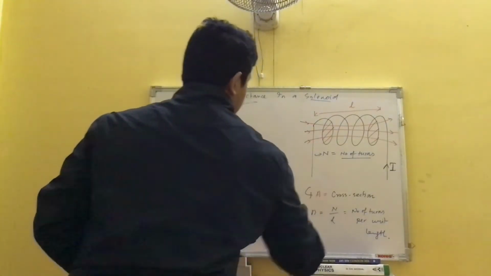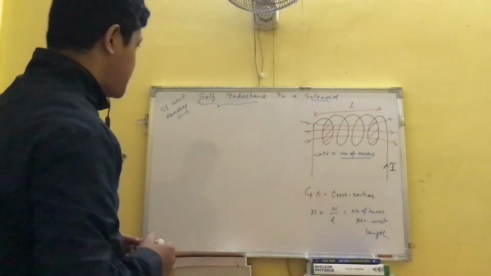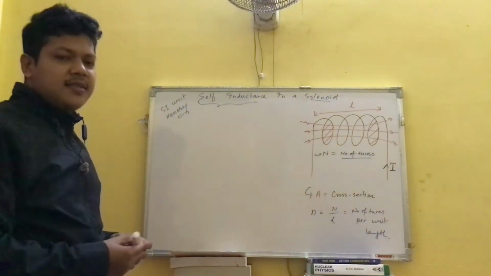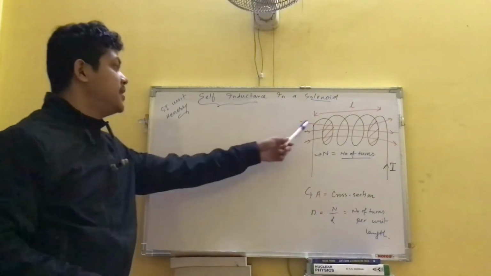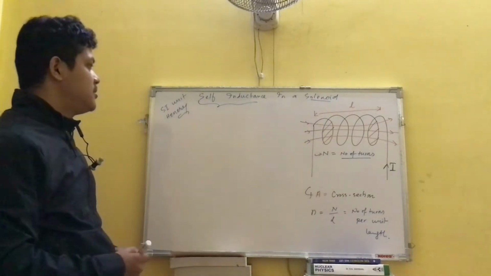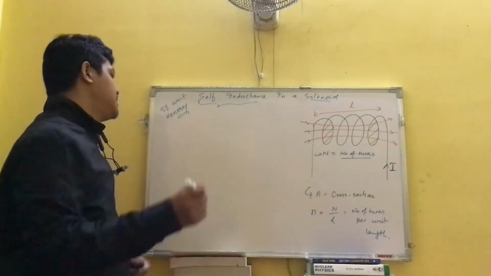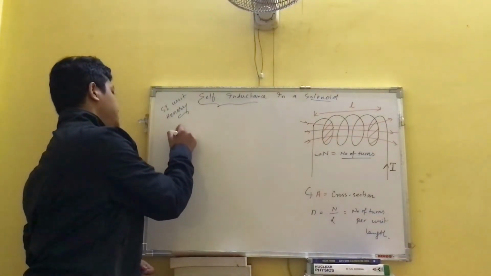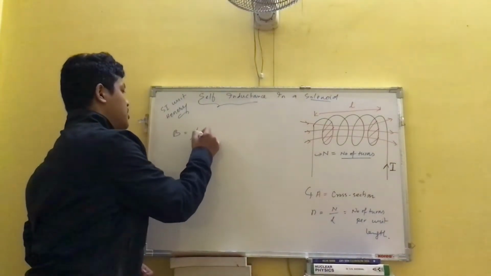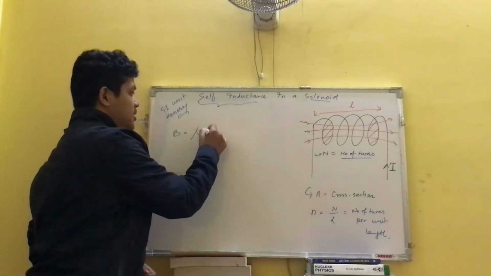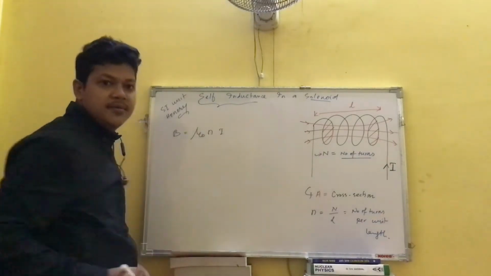So A is the area of cross section. Then in that case, the magnetic field set up here due to the conduction of current will be given by B is equal to mu naught n I, right?